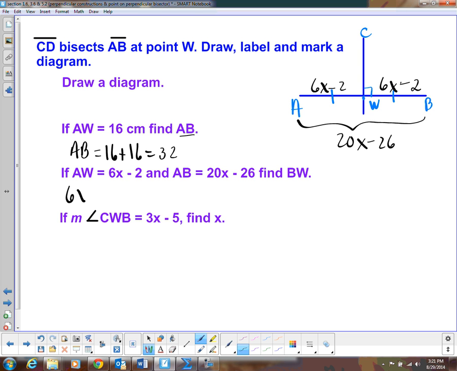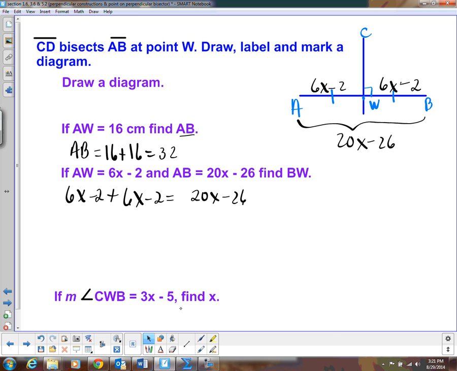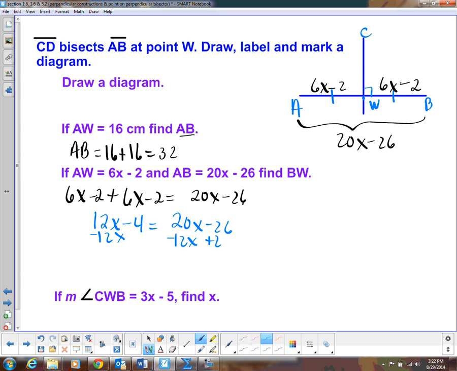So we would say 6x minus 2 plus 6x minus 2 is equal to 20x minus 26. All right. So if I were going to continue to finish this, this would be 12x minus 4 is equal to 20x minus 26.